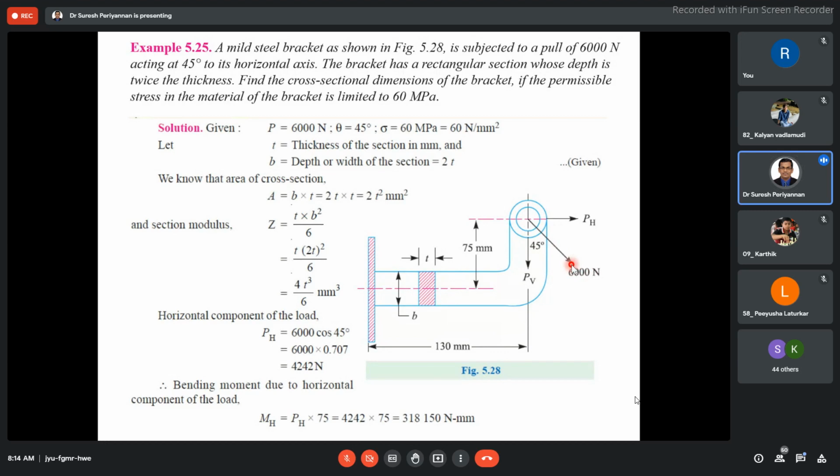Keep in mind, because you may expect this kind of problem in any exam. So this is 6000 Newton. We would like to find the horizontal force and vertical force with respect to the 45 degree angle. The horizontal force on the bracket is 6000 into cos 45, which is 4242 Newton. Since the angle is 45 degrees, the vertical force will be the same.